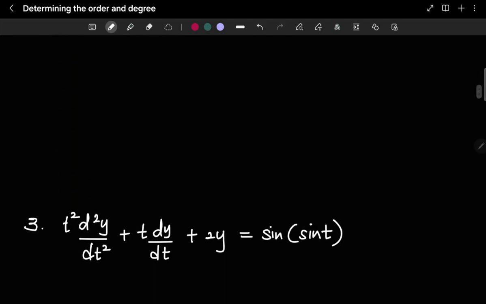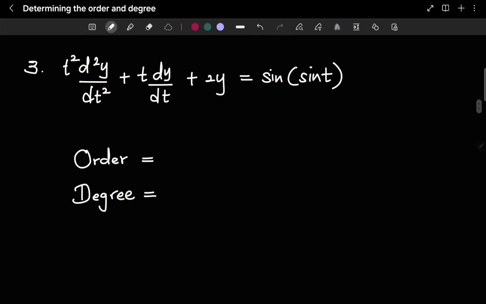Okay, so the third one, when we look at the third one, we have t squared d squared y by dt squared plus t dy by dt plus 2y equals sine t. So nevertheless we have a sine term here. We can determine the order and degree since the derivative parts are not interfered by the sine part.